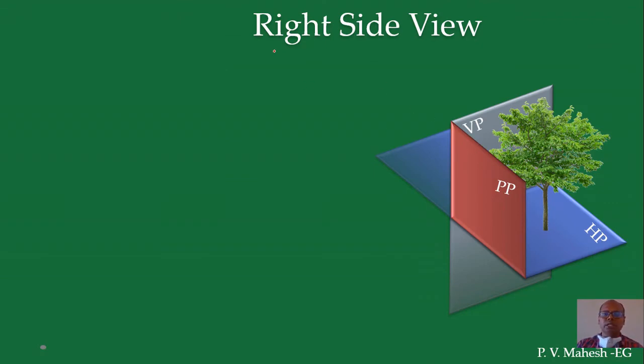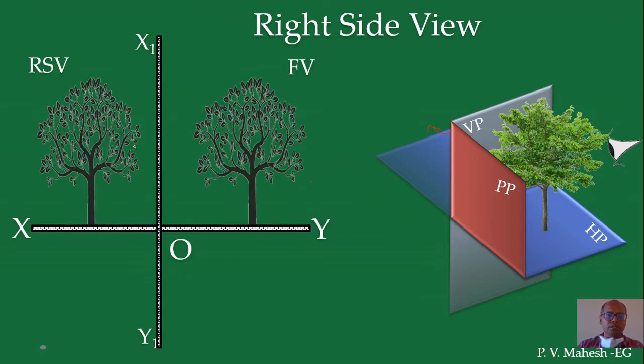Now we will try to see the right side view. See, the observer is on the right side. From the right side he is seeing and he will see the image on this profile plane, and we will rotate this profile plane 90 degrees and draw the side view. So it will be like this. This is the profile plane in front view, and this is the side view, and this is the vertical plane in the side view.